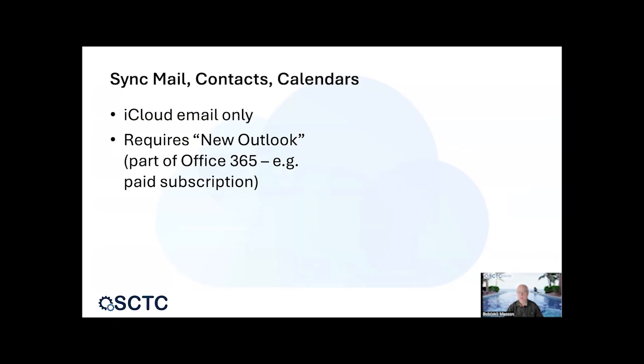It requires you to sign up for a 365 subscription, which is a minimum of $99 a year, in order to get the new Outlook. And the new Outlook has extensions in it for managing contacts and calendars.